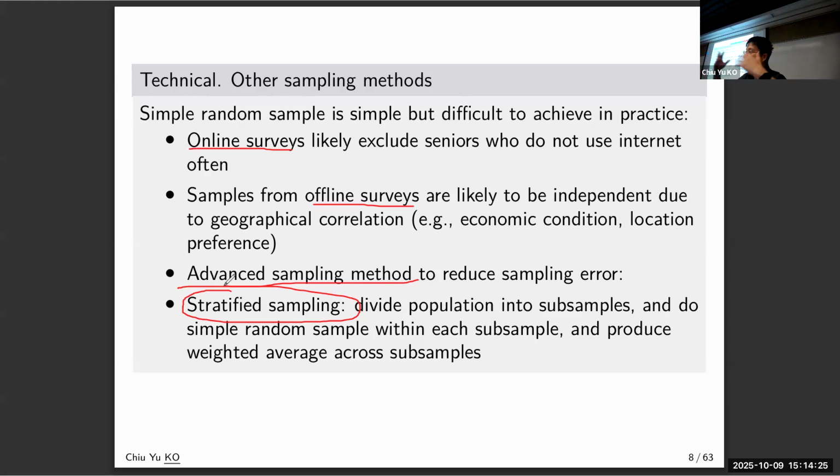Suppose you want to know about college students, then different colleges you treat differently. In CHK, the old traditional classical colleges have more students than the newer colleges, so you can't have the same number for each college. You have to get more from the bigger colleges. That's the idea, but it's beyond the scope of our class, so just leave it here for you to know.